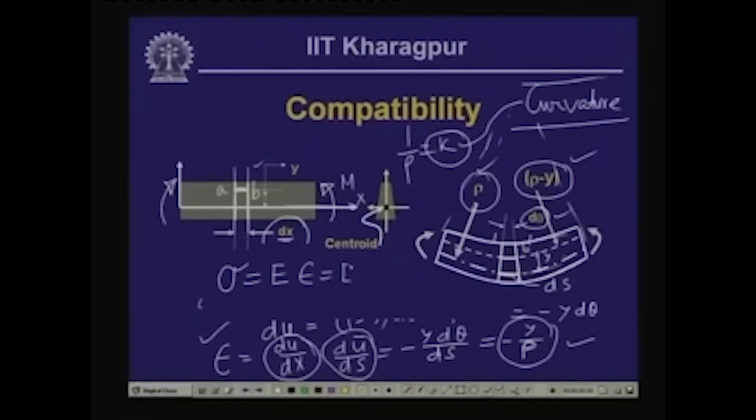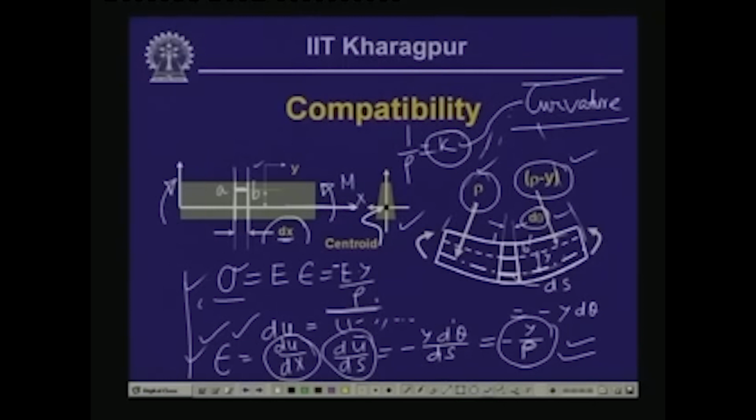So, the stress sigma is equal to E times epsilon, and this is equal to minus E y by rho. So, epsilon is minus y by rho and sigma is minus E y by rho. So, these are the values of the strain and the stresses. These are the normal strain and stress which act on the cross section of the member.